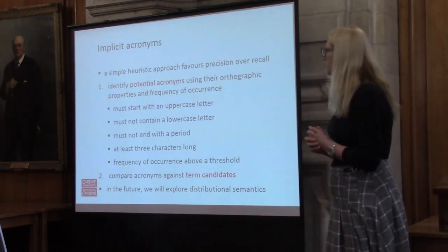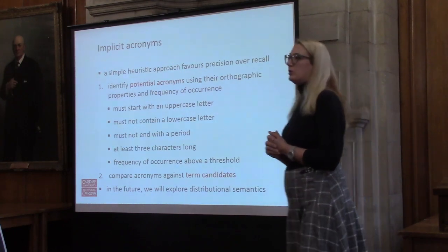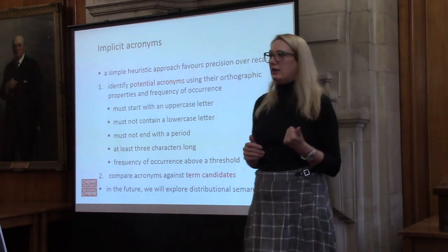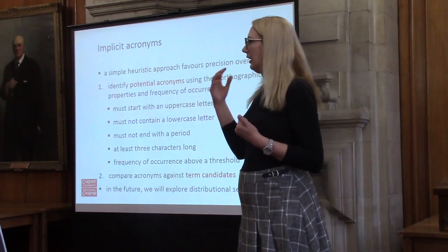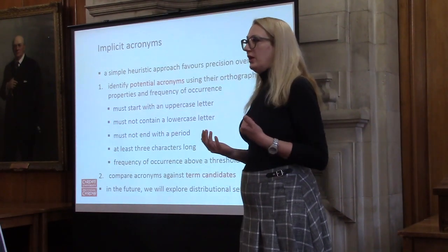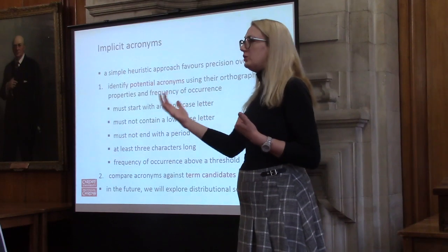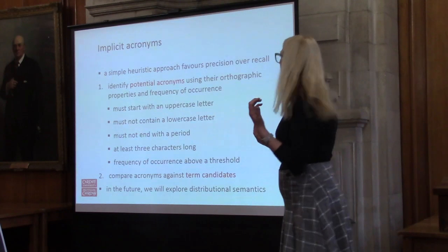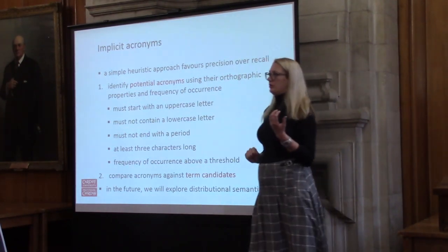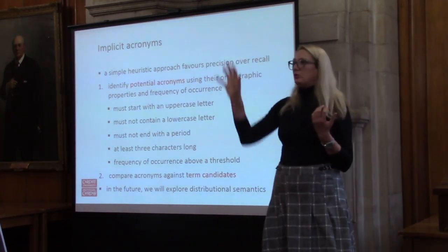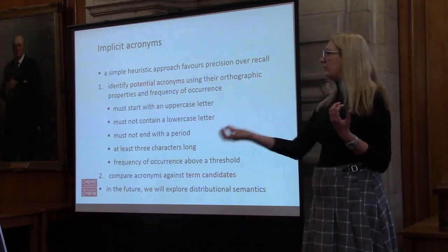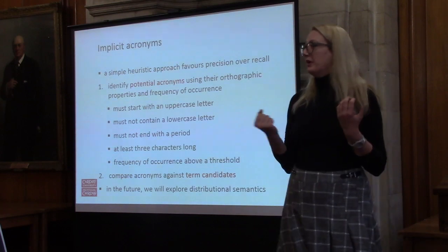For the initial experiments, we used a brute force tactic. First of all, if you have an acronym, it will refer to a multi-word term. So if somebody else uses that multi-word term, then we can compare that acronym not to all combinations of words in a corpus, but only to those that are likely to be terms. And this is what we are doing in Flexiter. We are already pulling out term candidates by using pattern matching.